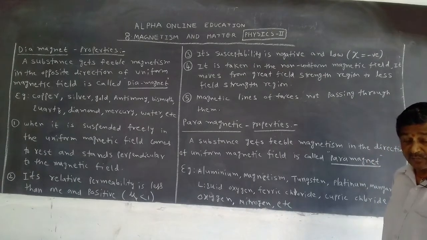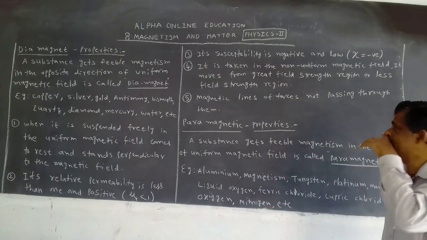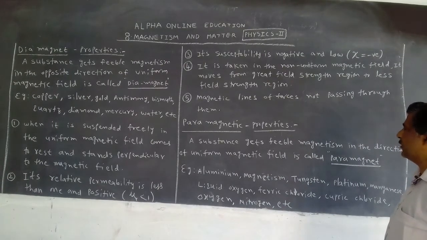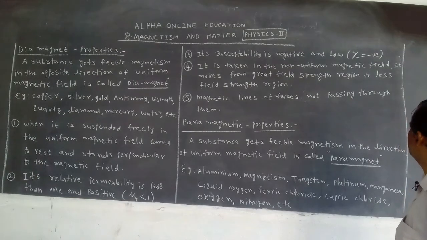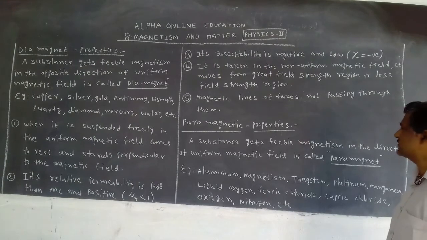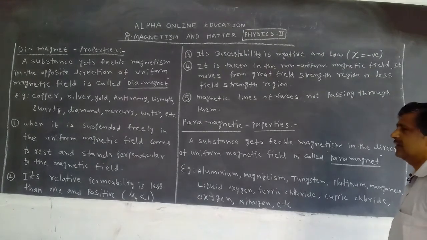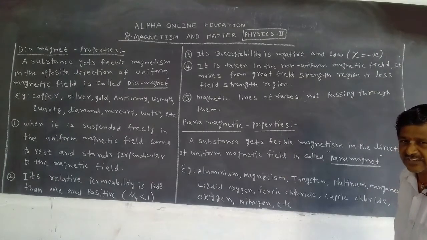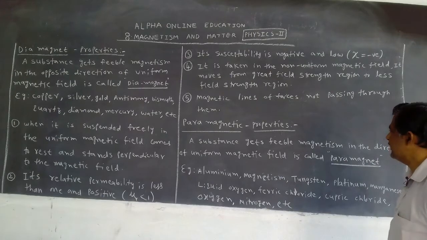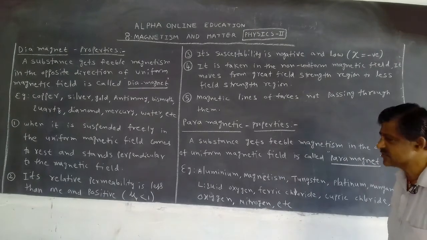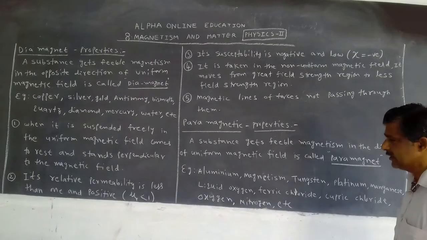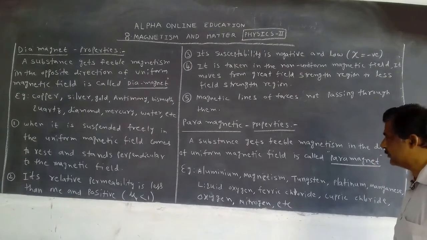Another property: when the diamagnet is taken in the external magnetic field, the magnetic lines of force do not pass through it.